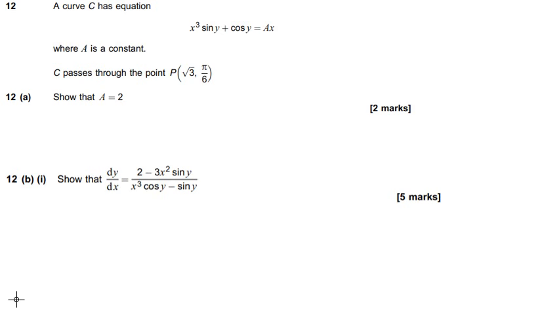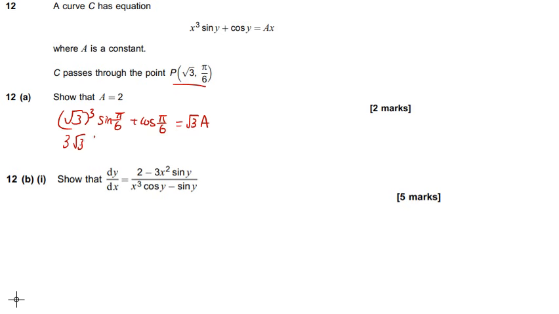Question 12. A curve has this equation and passes through this point. Show that a equals 2. So let's just substitute the values in. So we've got root 3 cubed times sine pi over 6 plus cos pi over 6 is equal to root 3 times a. Root 3 cubed, well, that's root 3 squared times another root 3, so that's 3 root 3.